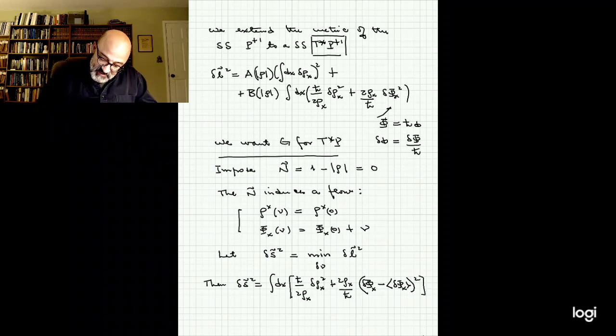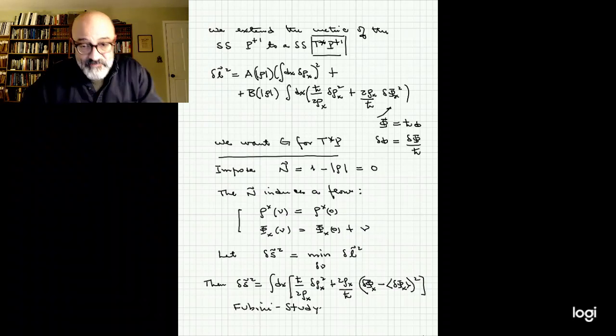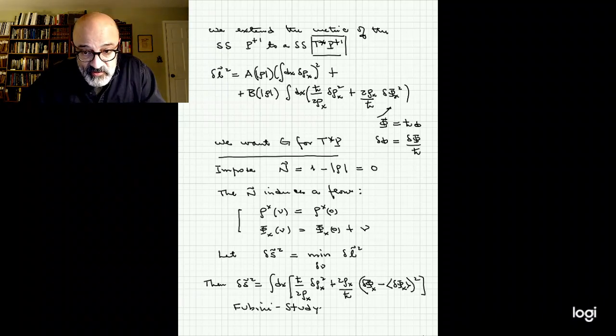And this metric is the Fubini-Study metric, as I said earlier, discovered by Fubini and Study back in 1905, 1906, way before people were doing quantum mechanics.